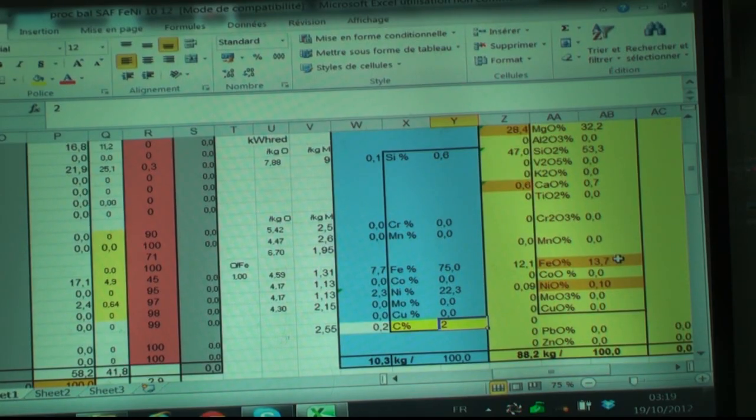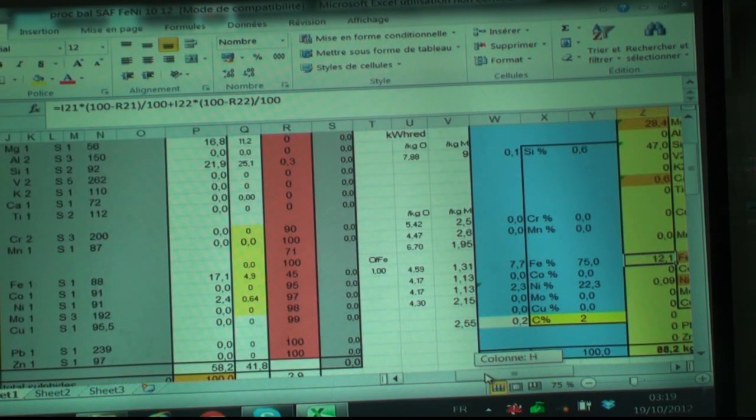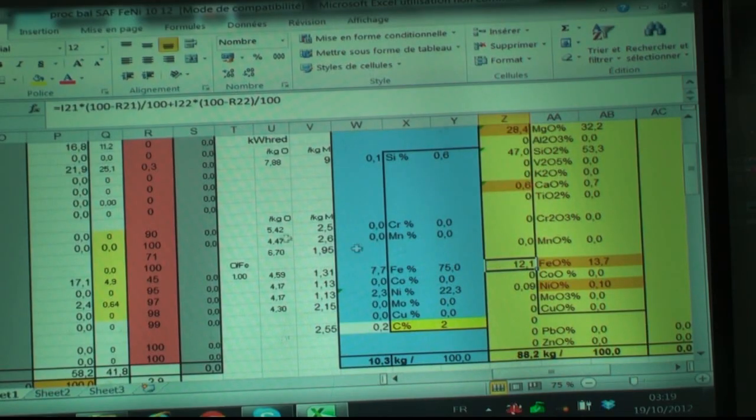Last time we changed the formula for FeO. The formula. Yes, but here it should be okay. Yes, you're right. This was corrected. Let's check.